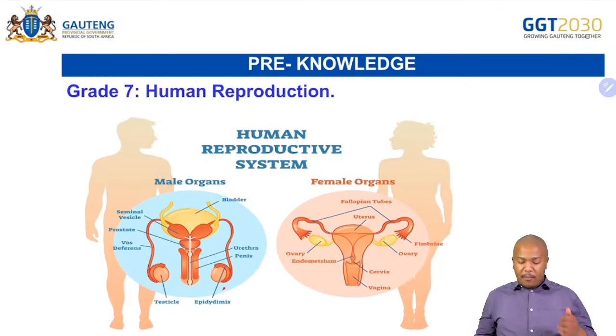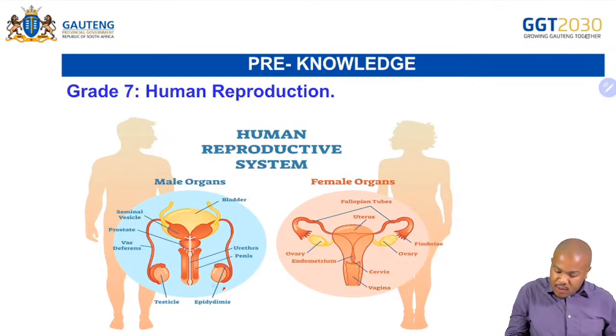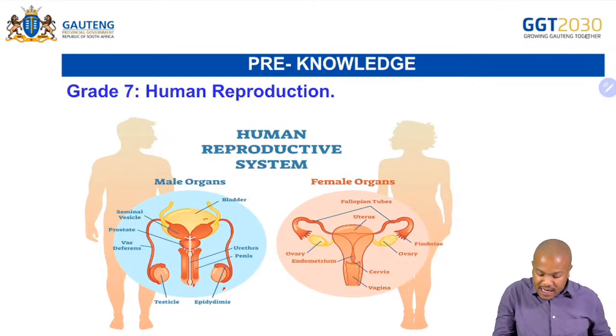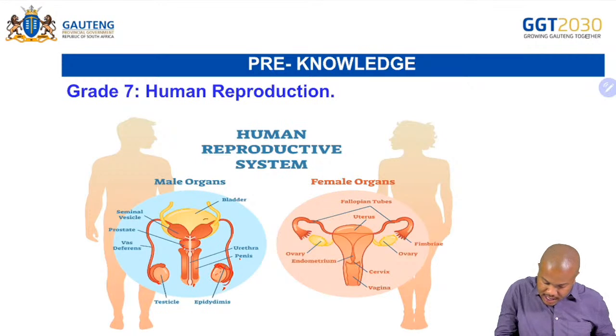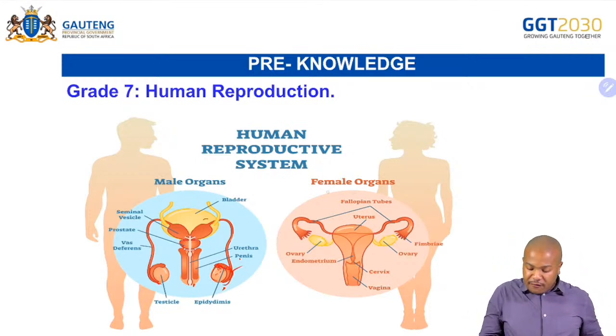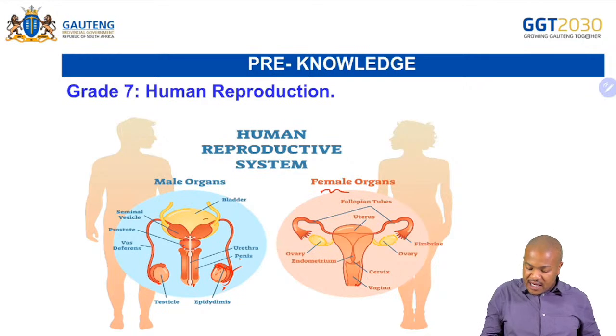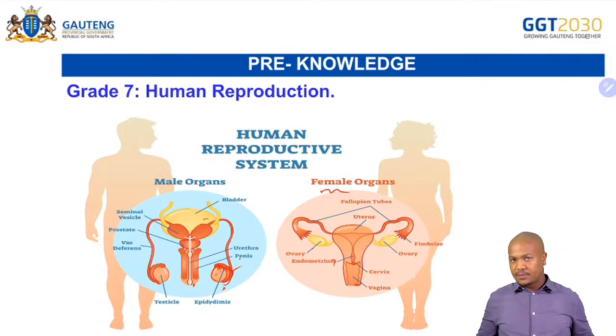For males, we have the testicles, prostate, penis, bladder, seminal vesicles, urethra, and epididymis. In females, the organs that make up the reproductive system include the vagina, the cervix, the endometrium, the ovaries, and the fallopian tubes.